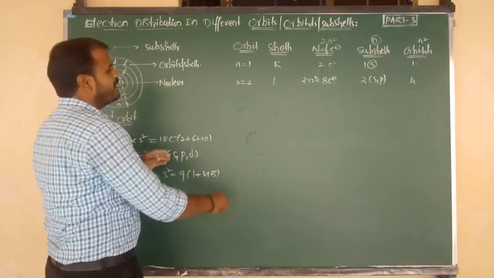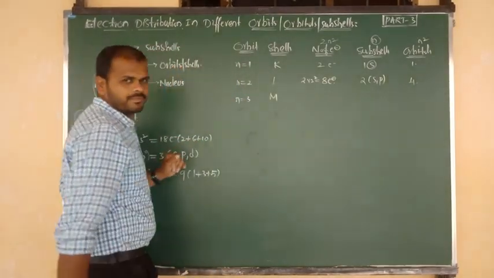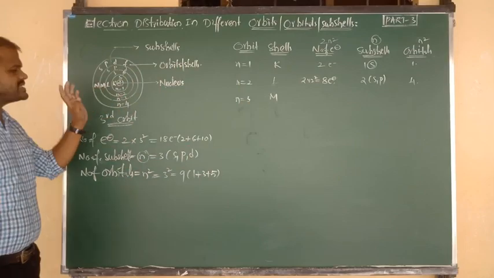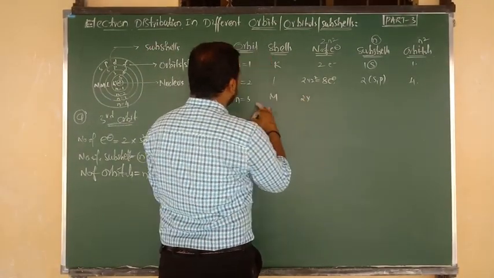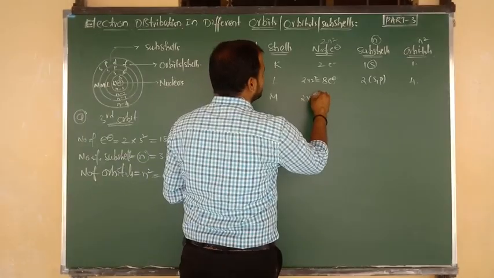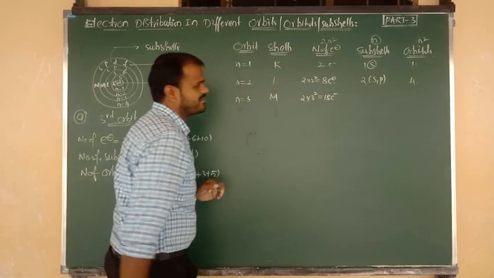Next, orbit number 3, this is the M shell. How to calculate the number of electrons? 2 into n square, the n value is 3, so 3 square is 9, and 9 twos are 18 electrons.